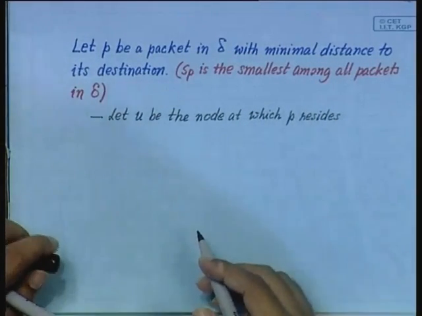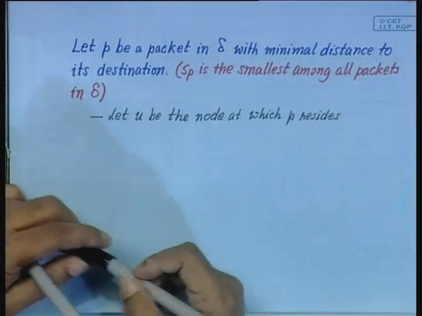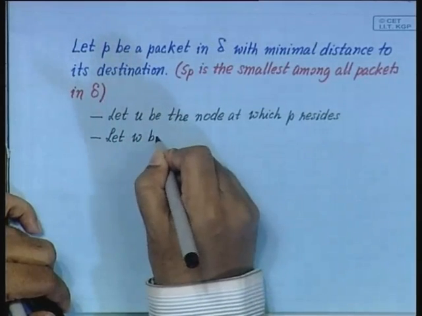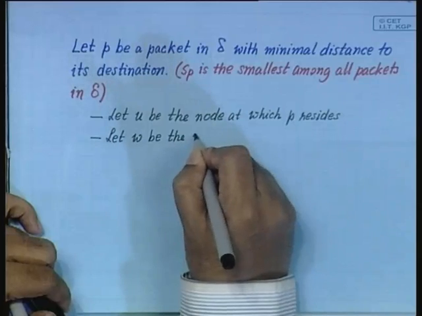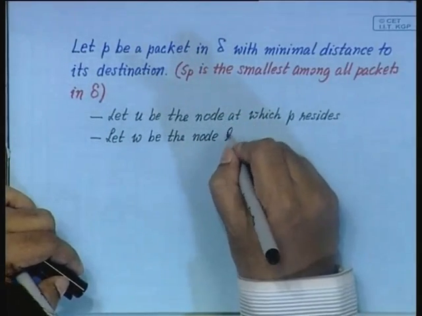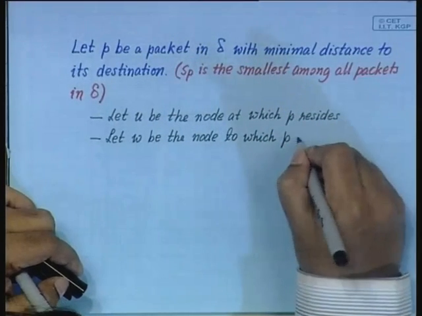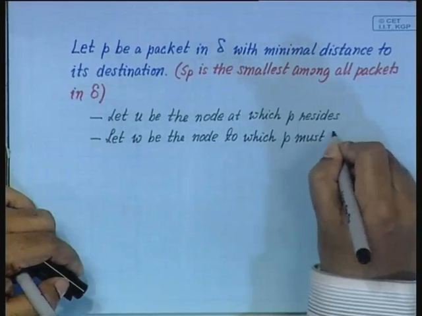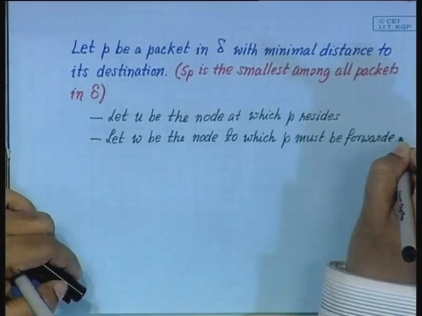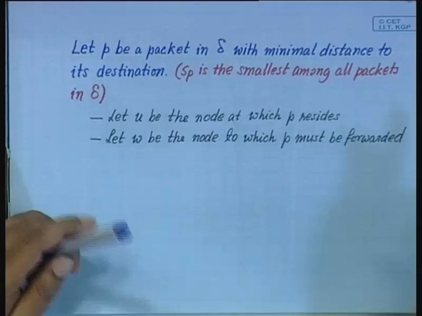So, P is stuck at node U, right, and let W be the node to which P must be forwarded. W is determined by the routing algorithm.